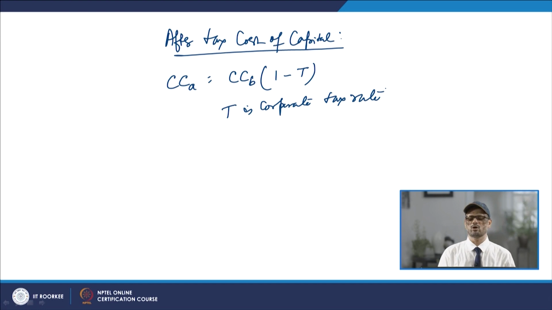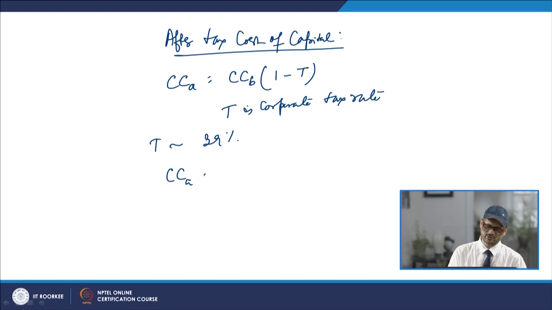So, once you know the corporate tax rate, and once you have found the cost of capital before tax, after tax it will be something like 1 minus T. So, suppose T is given as 39%, in that case CCA will be 9% multiplied by 1 minus 0.39.